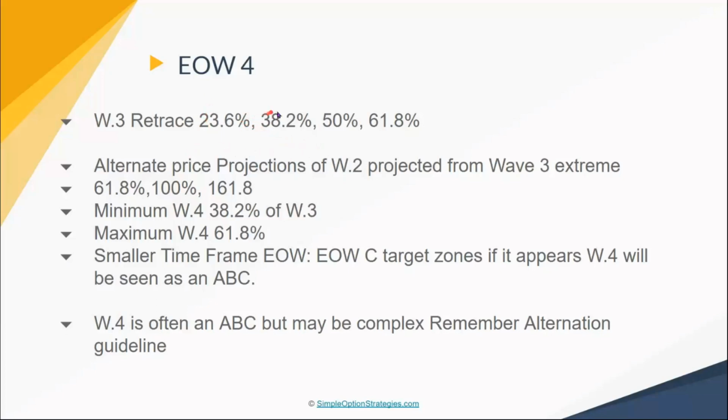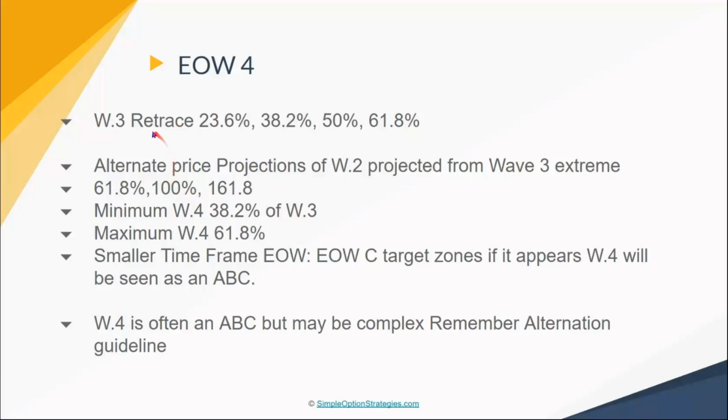This is the most important rule of a wave 4 right there. So alternate price projections of wave 2 projected from wave 3, 61.8 to 100%, and 100% is the number you want to look for.